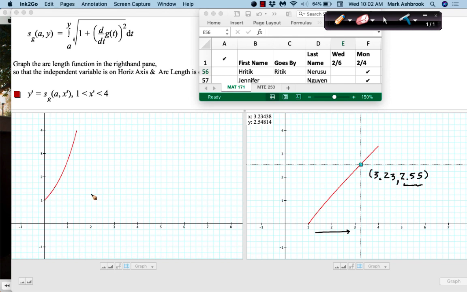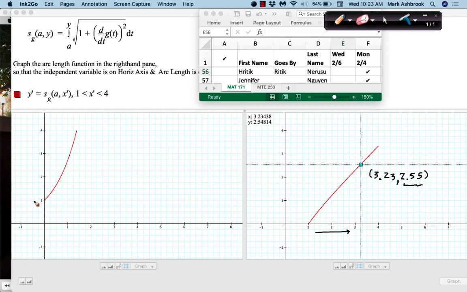Left. So what arc length is 2.55? The whole thing? And what coordinate is 3.23? The x, up till x is 3.23?